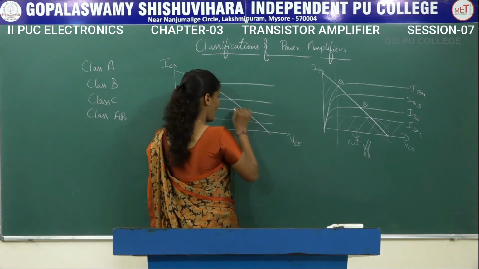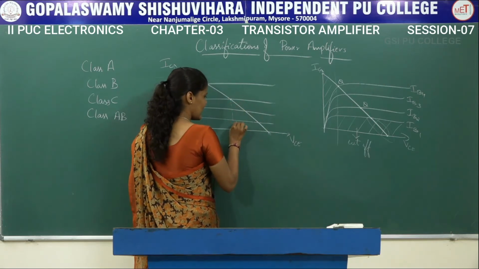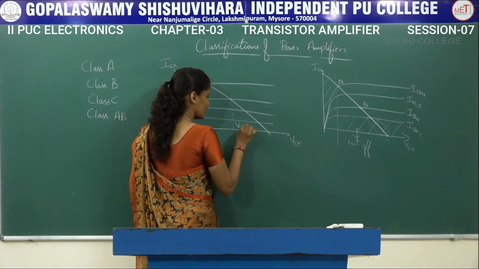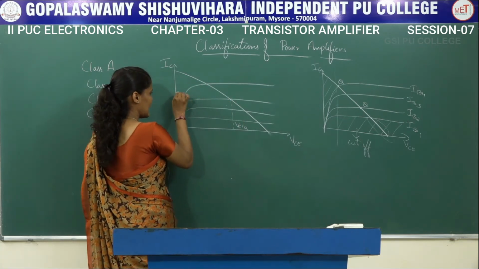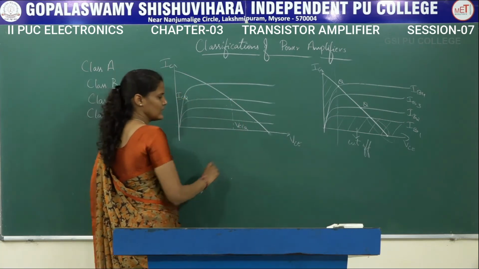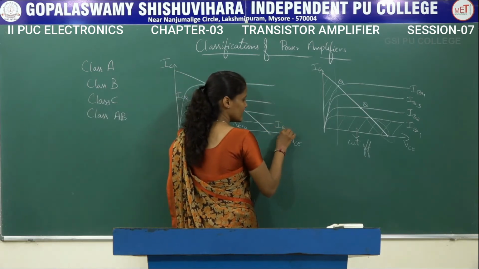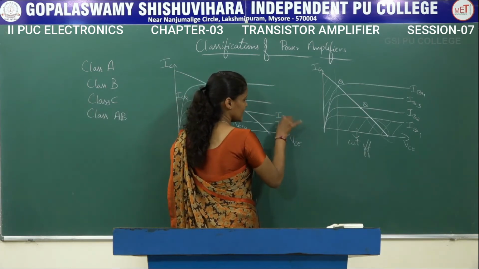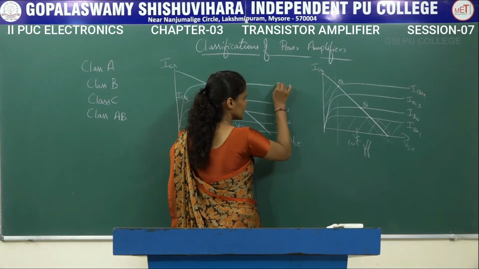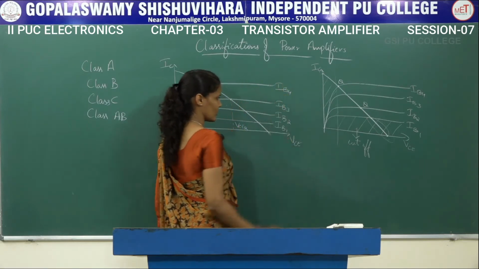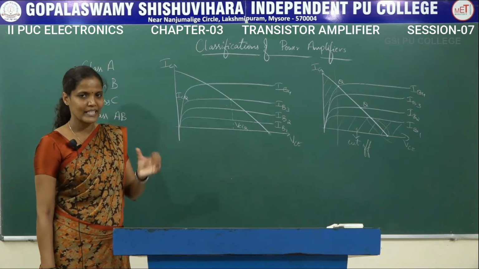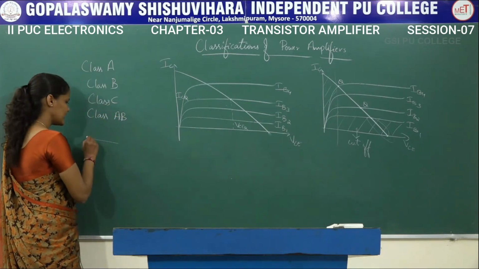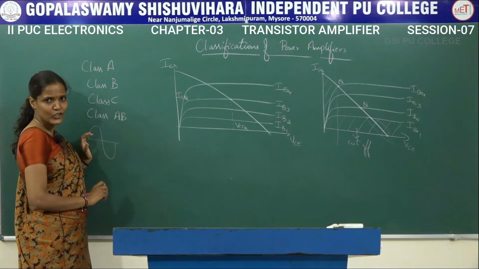So let me call this particular point VCEQ and this ICQ. These are the different base current values, IB1, IB2, IB3 and IB4. As and when the input signal which is to be amplified is varying, the input signal that I apply is sinusoidal in nature.